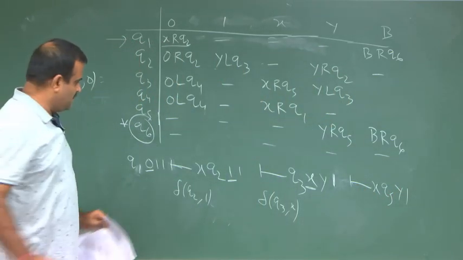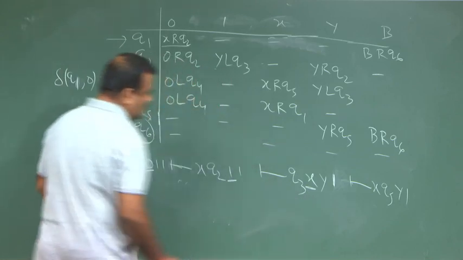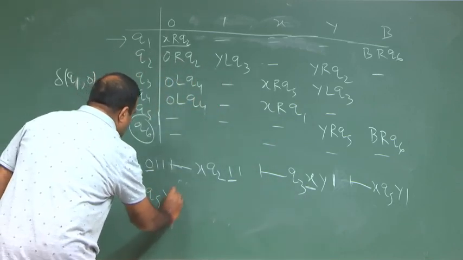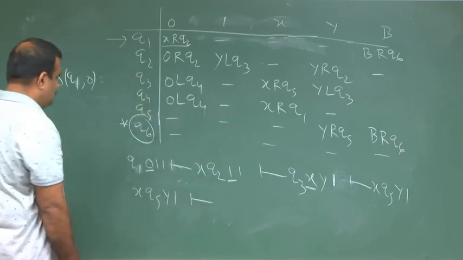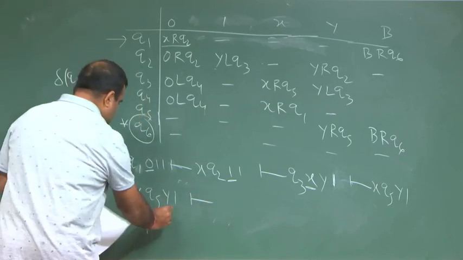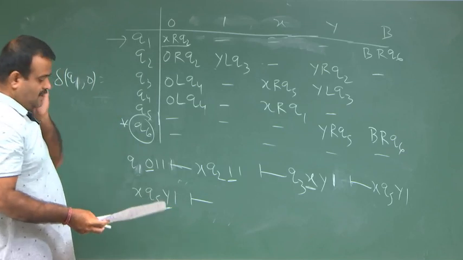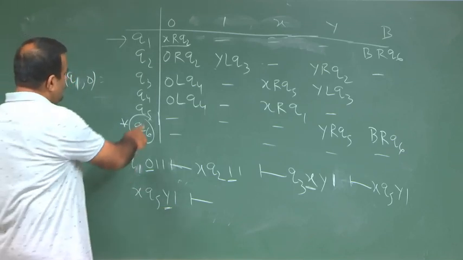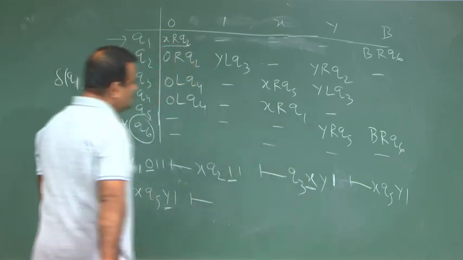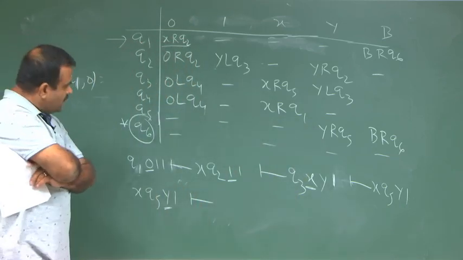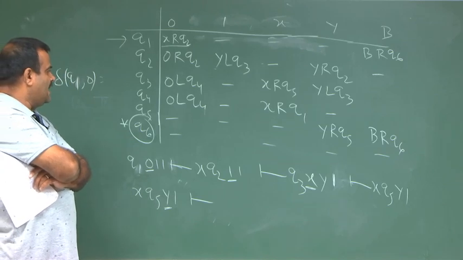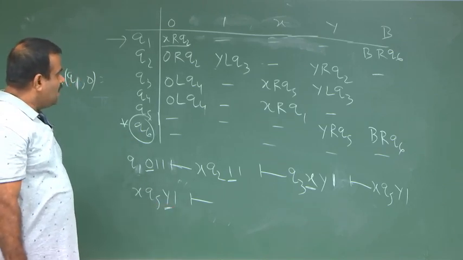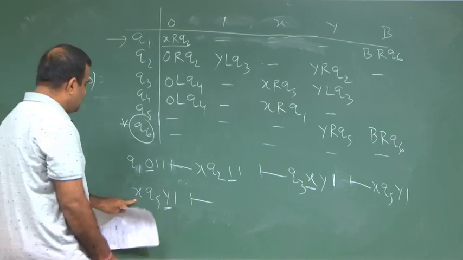Okay, so let me write here: x q5 y 1. Now it is reading y in q5, and the move for q5 y is like this: y is replaced by y, and it is going to the right, and the state is again q5.